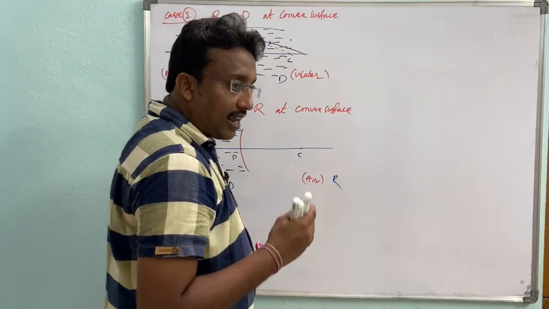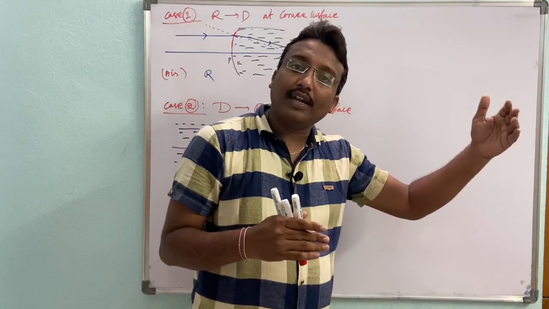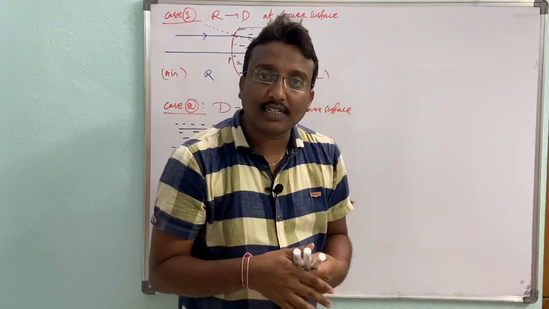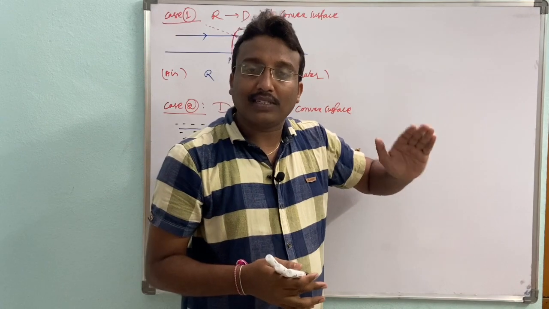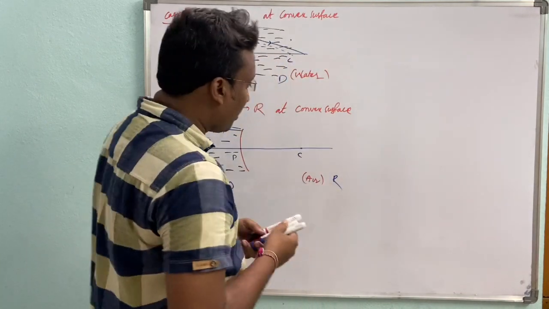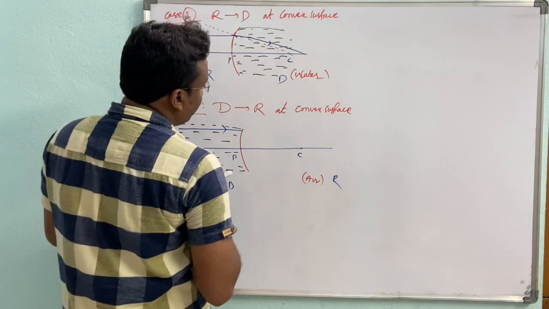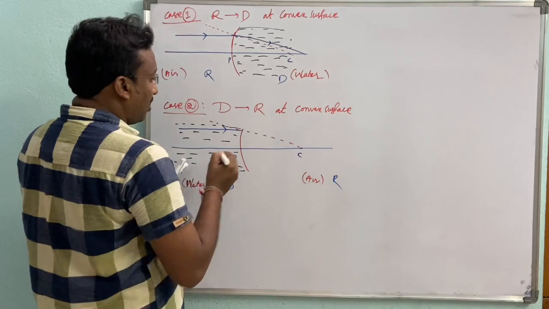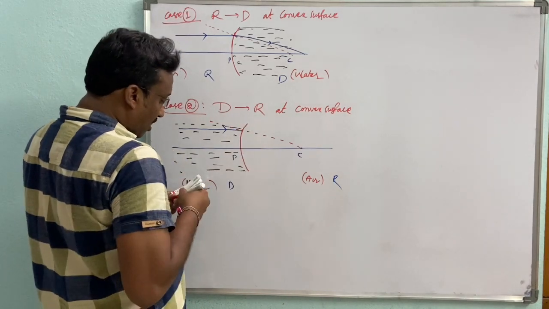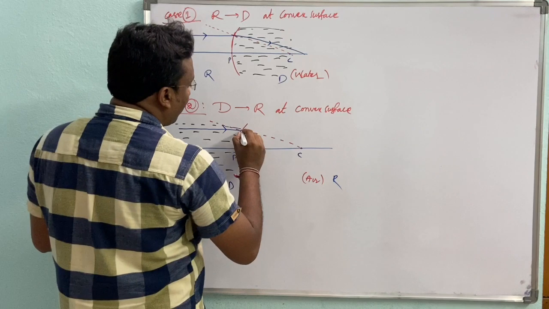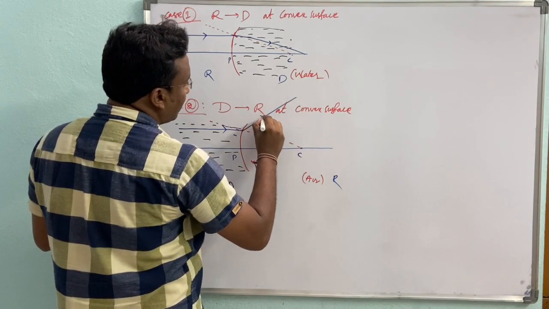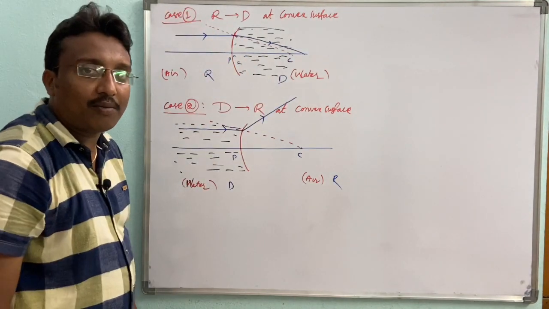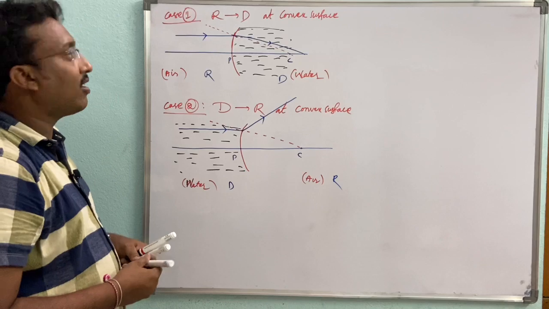When the ray travels from a denser to a rarer medium, then after refraction the refracted ray passes away from the normal, right? Then here we have to draw the normal. Now it passes away from the normal, meaning in this direction. Got it? It passes away from the normal. This is the second case, right?